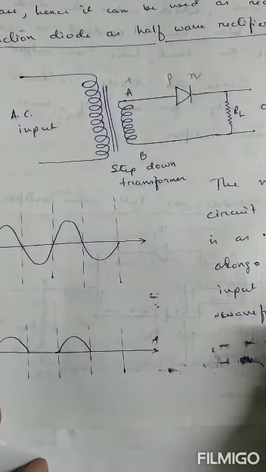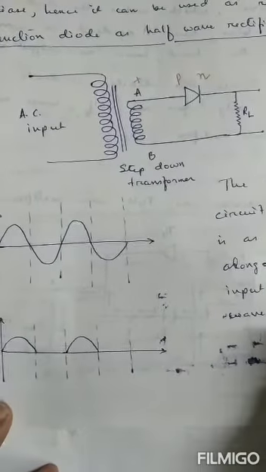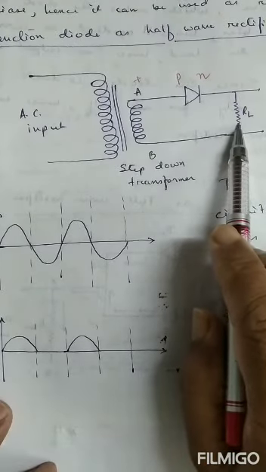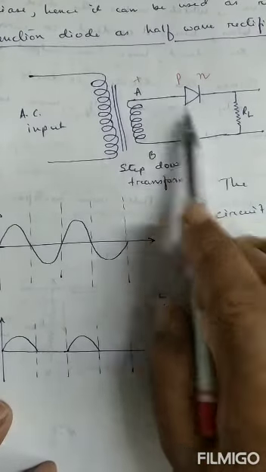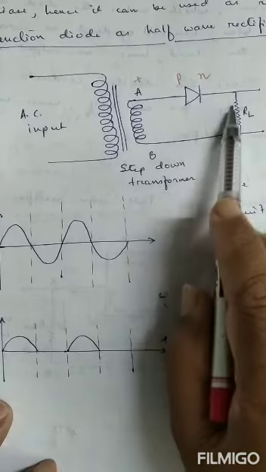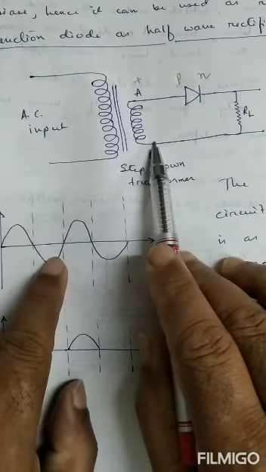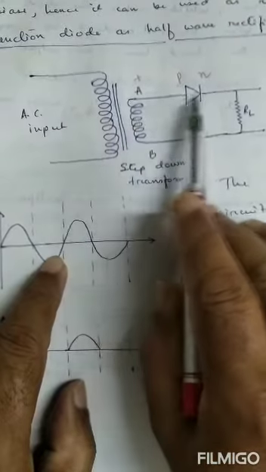So this is called the rectification process. It is because whenever current passes through the load resistance, it always flows in this direction. In the negative half of input AC, no current flows through it.